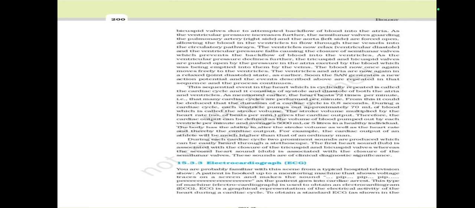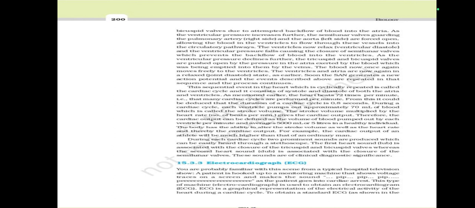The valves between atria and ventricles are pushed open by the pressure in the atria exerted by the blood, which was being emptied into them by the veins, and the blood now once again moves freely to the ventricles. The ventricles and atria are now again in the joint diastole state, as earlier.